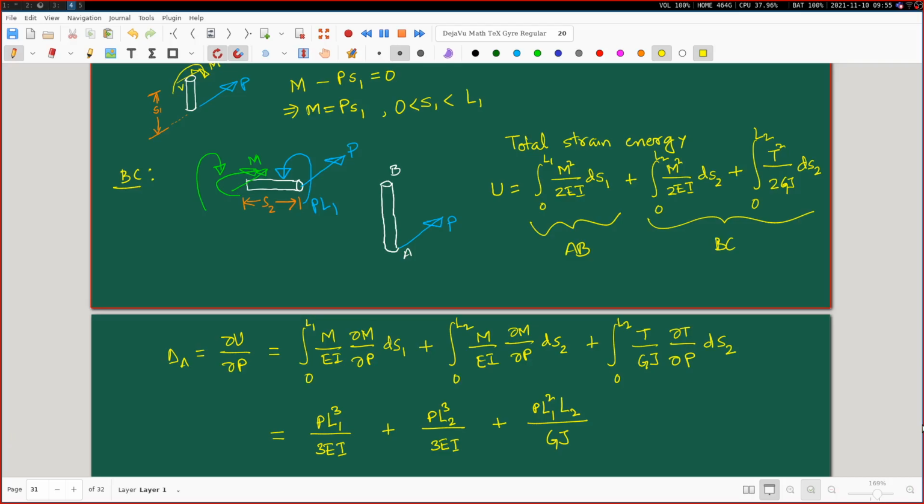But there is a very great temptation of applying Castigliano's theorem in those problems where it is not actually applicable. Like the problem situation is such that it violates the requirements or the basic assumptions which are behind Castigliano's theorem itself.